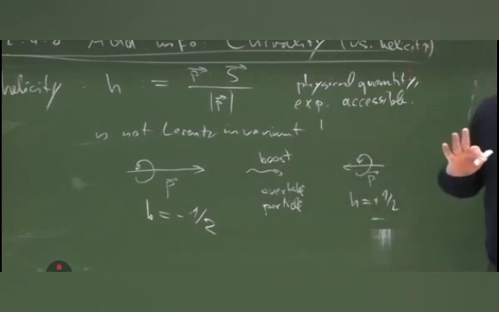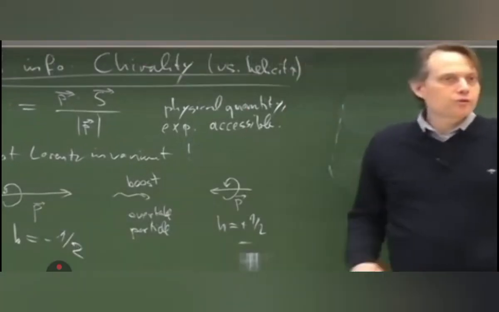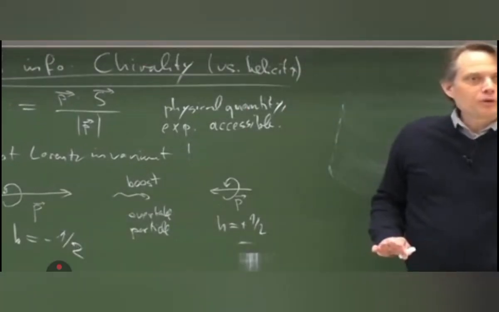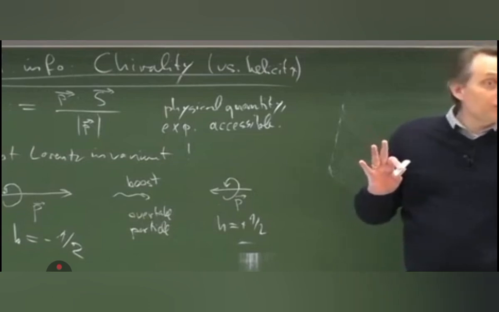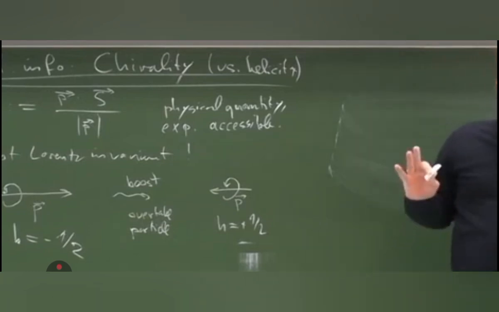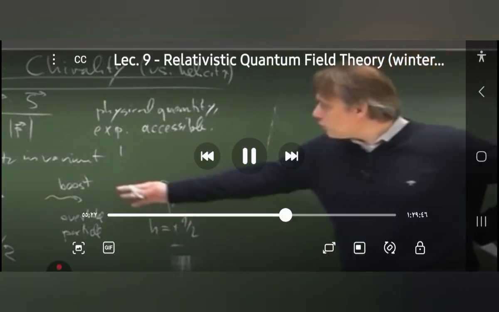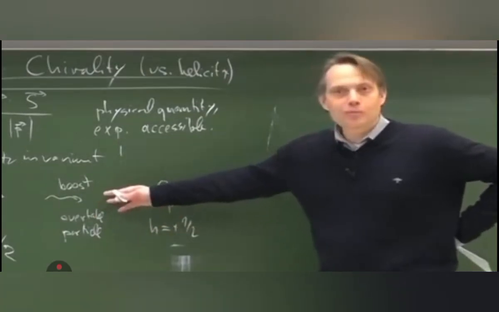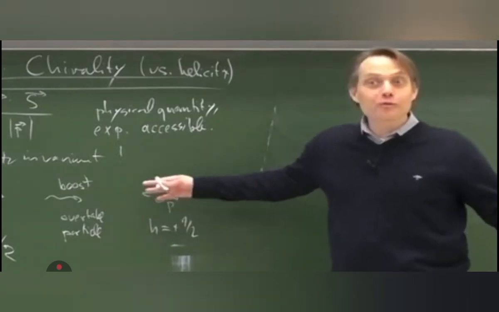There is only one exception when the helicity can be Lorentz invariant, and we have already discussed that in our analysis of the general Poincaré group and the little group of particle states, namely for massless particles. For massless particles, we have actually proven that the helicity is Lorentz invariant, and here it's clear that if the particle is massless, it moves at the speed of light, and no observer can overtake the particle.